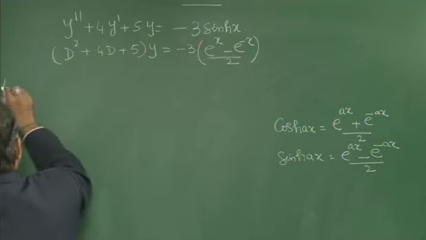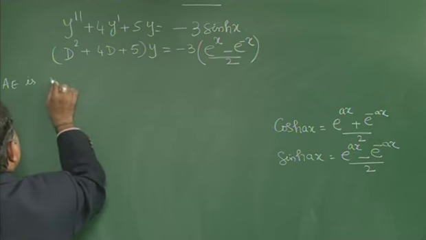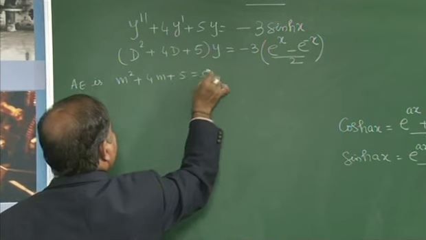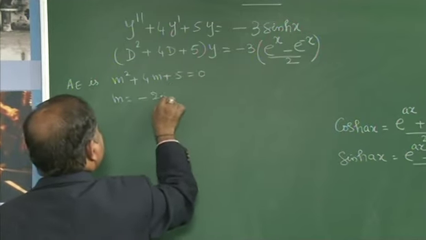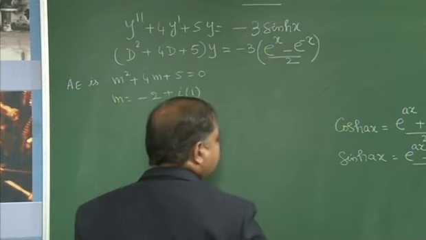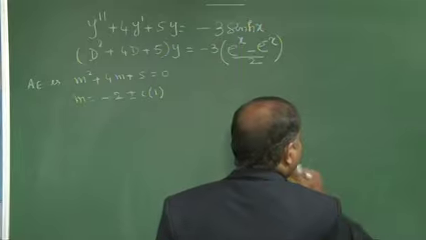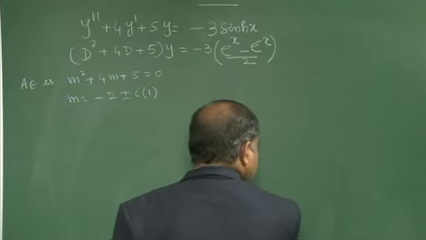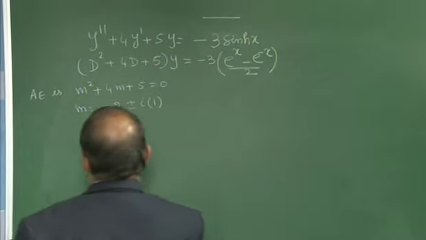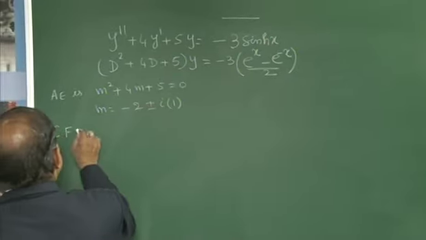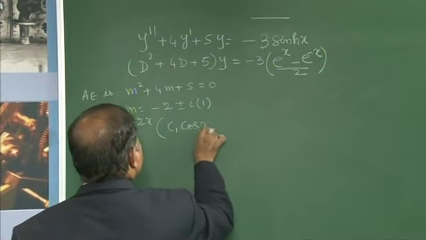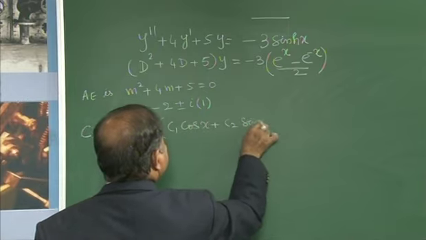Now what is the auxiliary equation? M squared plus 4m plus 5, roots are minus 2 plus or minus i. I am writing the roots directly because I have already given you the idea to find the roots for the complementary function. What is our CF? E power minus 2x (C1 cos x plus C2 sin x).